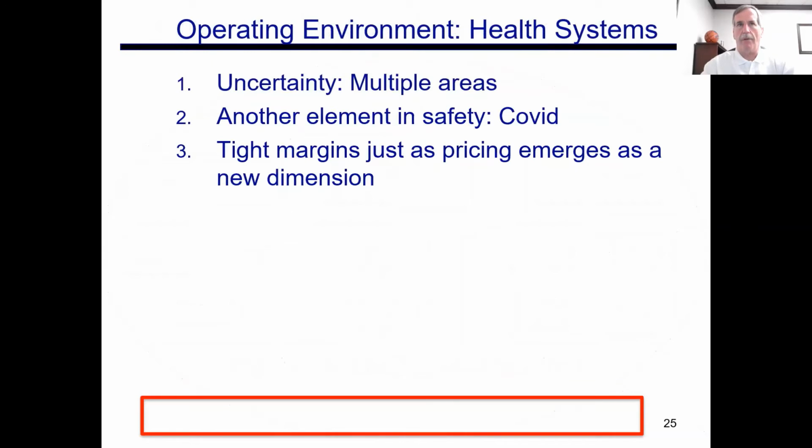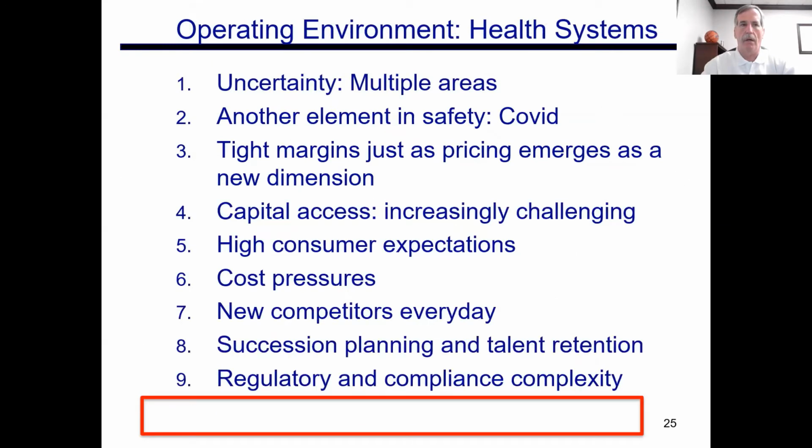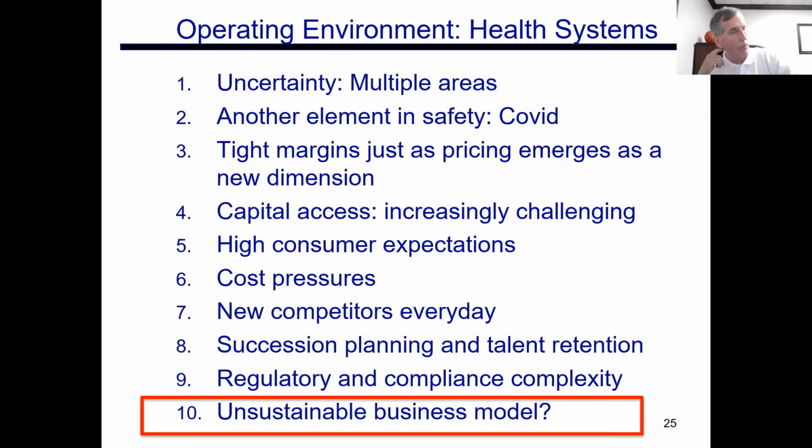What about the operating environment of health systems? Clearly uncertainty, the tight margins I've mentioned, the capital access. It was interesting recently talking to some of the rating agency people as we were having our bond rating reviewed for Phoebe Putney Health System. One of the people said that they rate all sorts of industries.